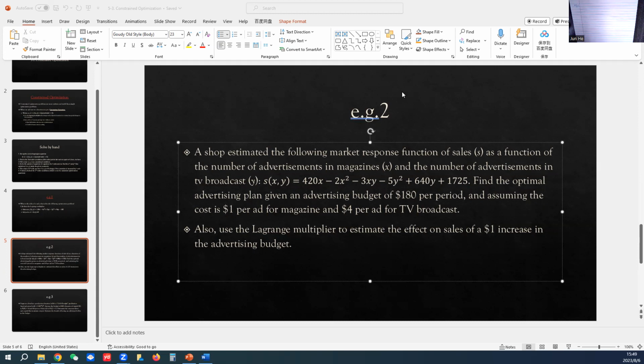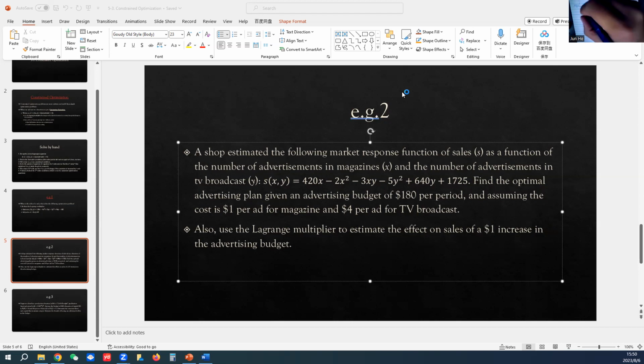So here, a shop estimated the following market response function of sales as a function of the number of advertisements in magazines X and the number of advertisements in TV broadcast Y. And here, S(X, Y) equals 420x minus 2x squared minus 3xy minus 5y squared plus 640y plus 1725 is the sales.